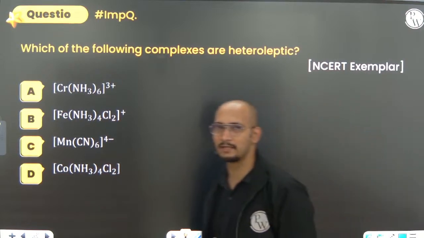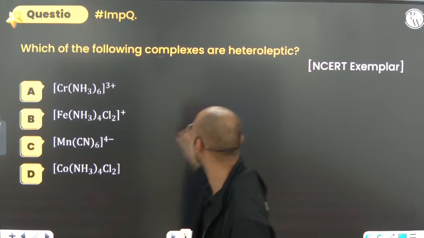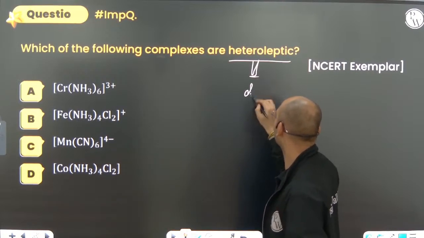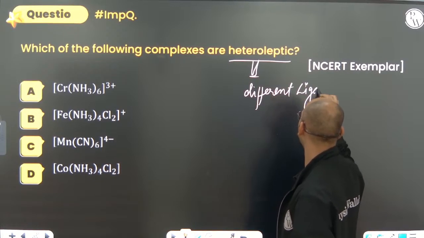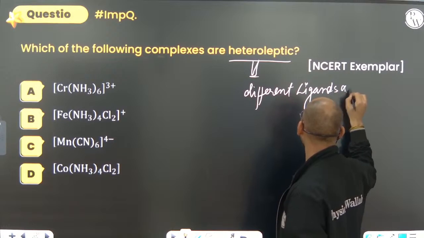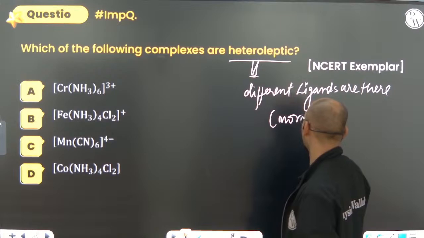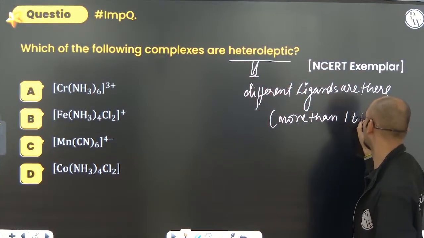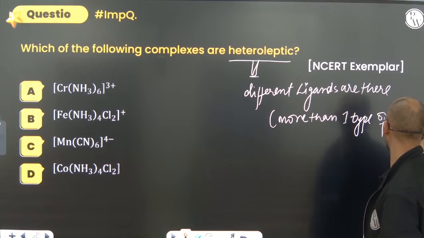Next, which of the following complexes are heteroleptic? Now see, homoleptic compounds are those compounds where all the same ligands are there. Heteroleptic means where different ligands are there, or more than one type of ligand is present.